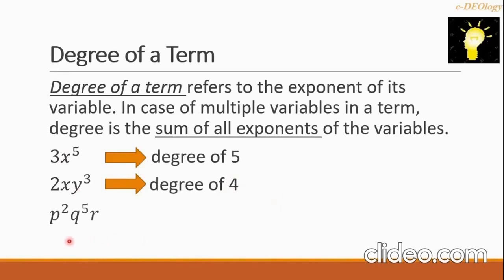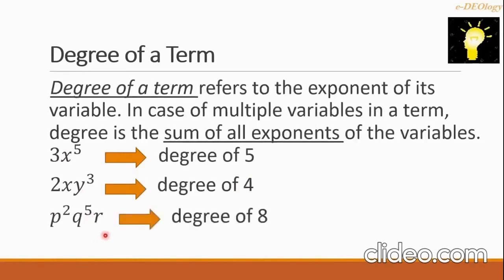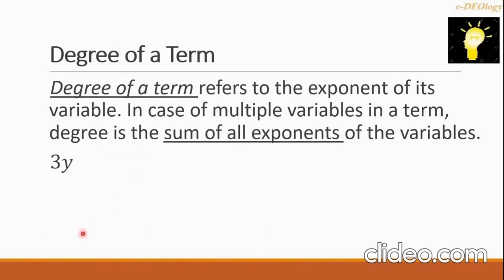Another example, p squared q raised to 5 r, degree of 8, we are adding all the powers, 2 plus 5 plus 1 equals 8. So the degree of this term is 8. Another example, 3y, obviously the degree is 1 because of the exponent here.